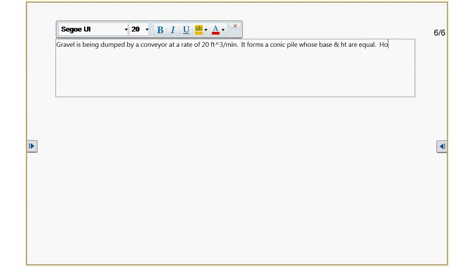How fast is the height of the pile increasing when the height is at 10 feet?